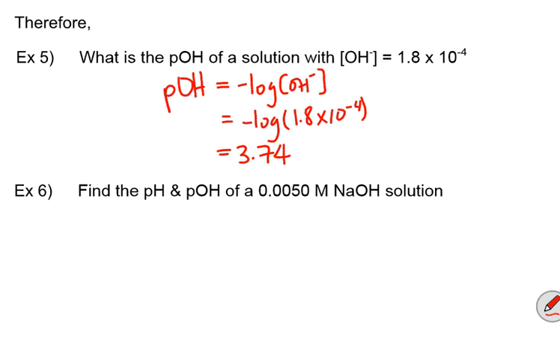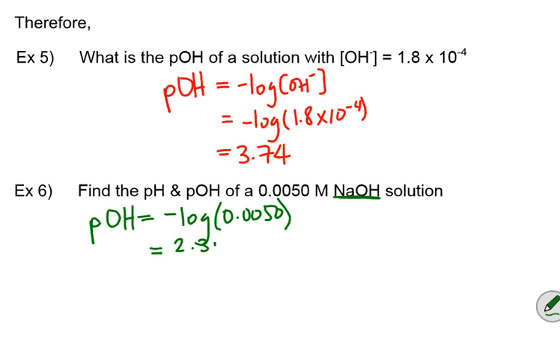And then my last example is find the pH and the pOH of a 0.0050 molar NaOH solution. In this case, I can find my pOH really easily because I have hydroxides in my formula. So that's the negative log of 0.0050. In the end, my pOH would be 2.30.